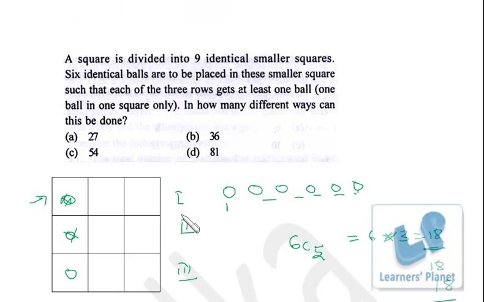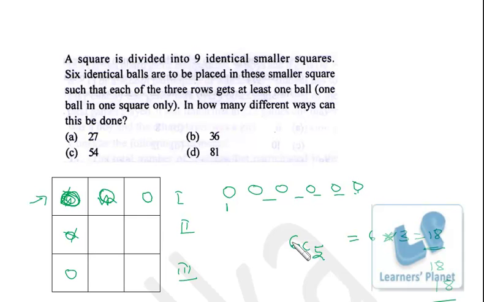I repeat, I pick up one ball, I put it over here in the first row, and I'm not putting anything anywhere else in this row. So one ball is here, the remaining 5 balls occupy the other places. From 6 we need to select 5 places, so in all there will be 6 options. Again, for the second row the same thing, and for the third case the same thing.